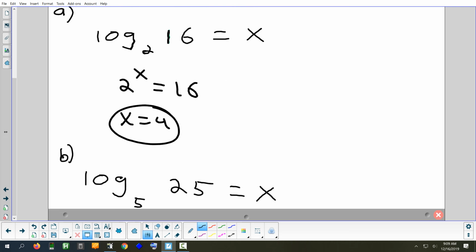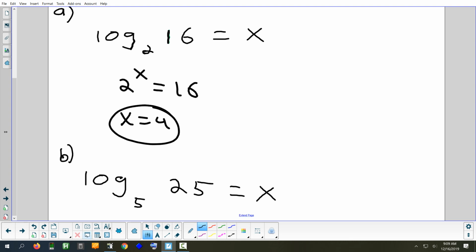Let's try this one. Pretty much the same setup. We've got a number for the base, a number for the argument, and a variable on the other side. Without me going through it, anyone think they can tell me what the answer for x is?